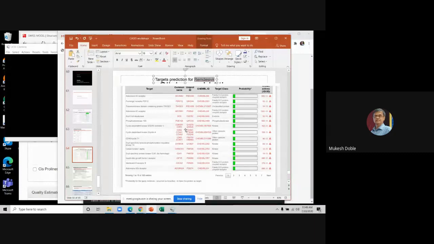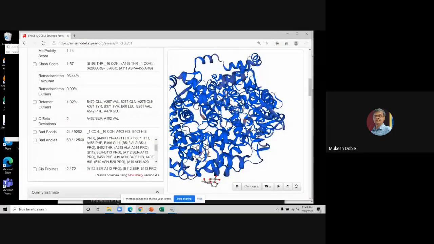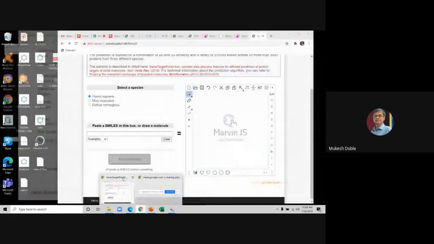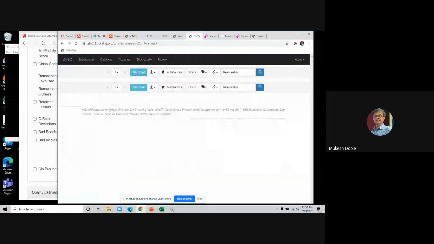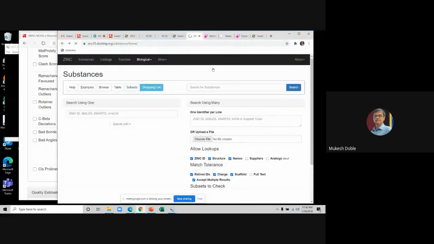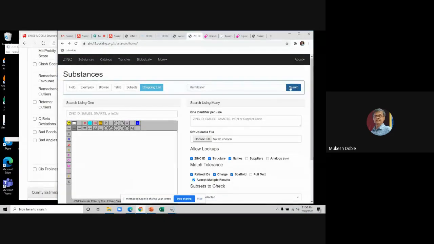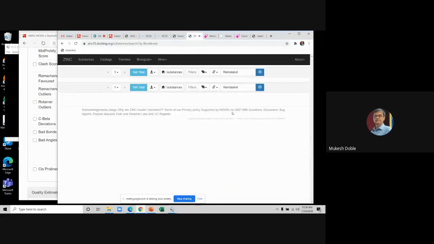The SMILES notation for remdesivir was not there in the ZINC database. I could not get the SMILES notation from ZINC, maybe because it is under some other name.